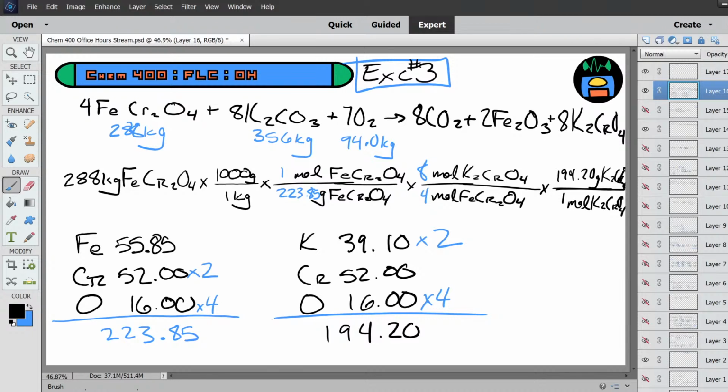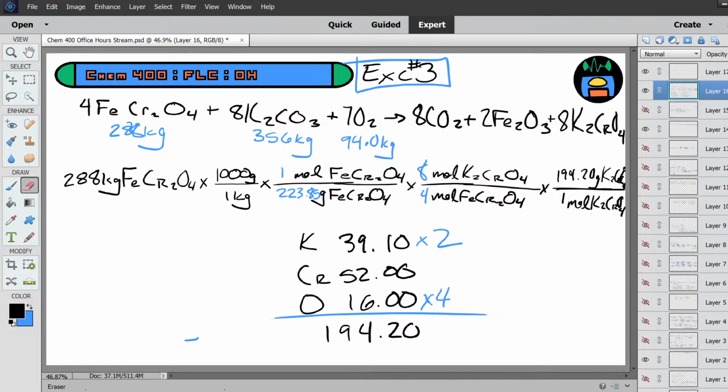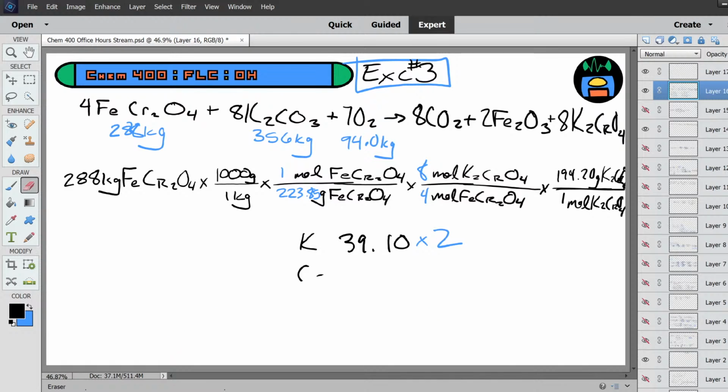And now we can calculate what might be our theoretical yield. We won't know until we do this 2 more times. So 288 times 1,000 divided by 223.85 times 8 divided by 4 times 194.2.